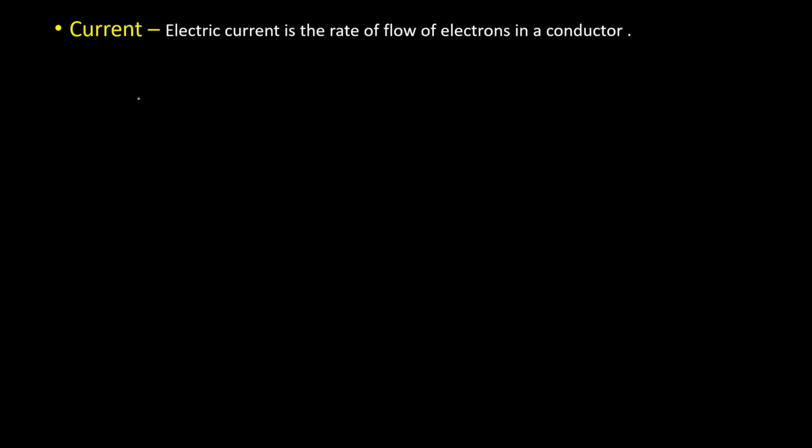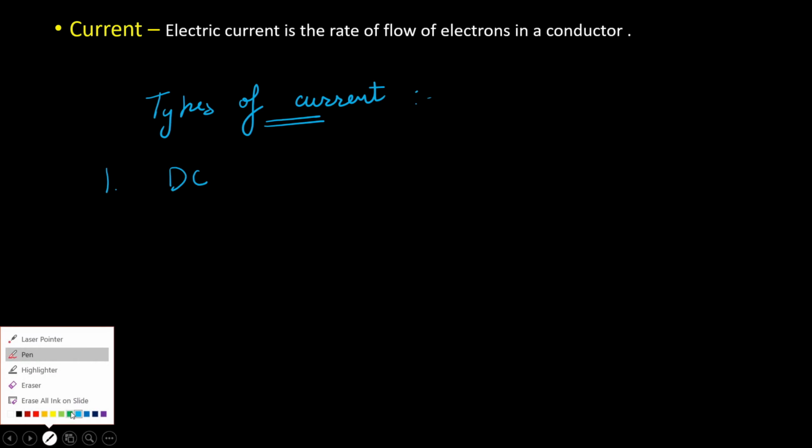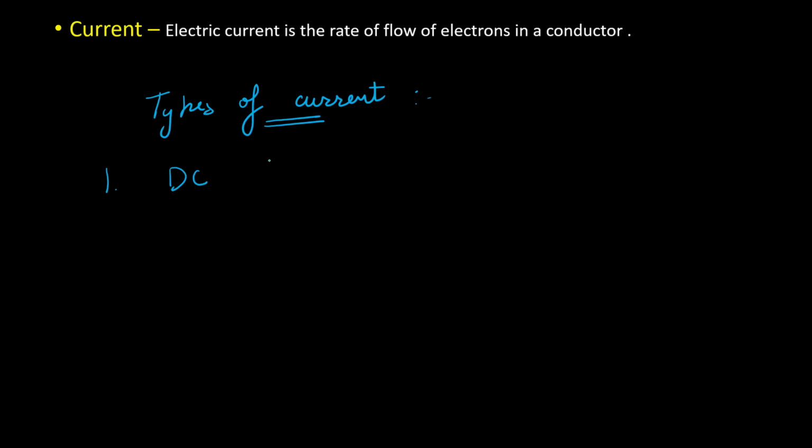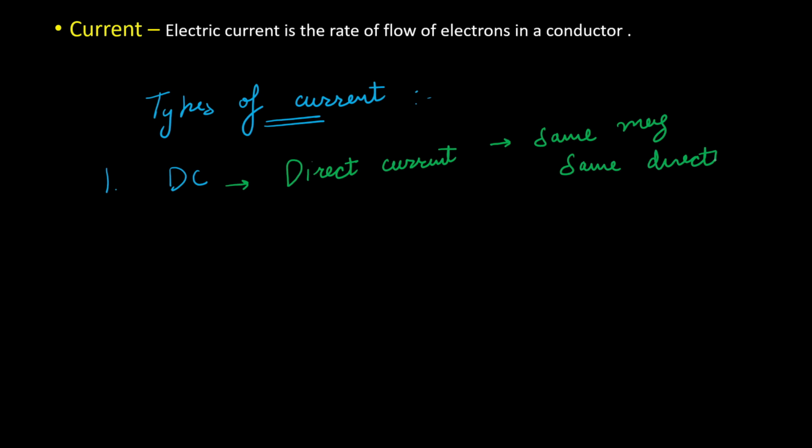Next we have the types of current. Basically we have two types. The first one is DC, which means direct current. As the name suggests, the current which has constant magnitude as well as the same direction is termed DC current.